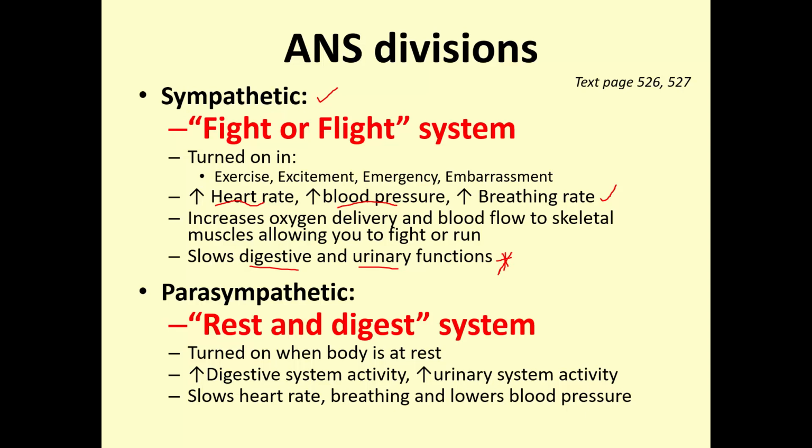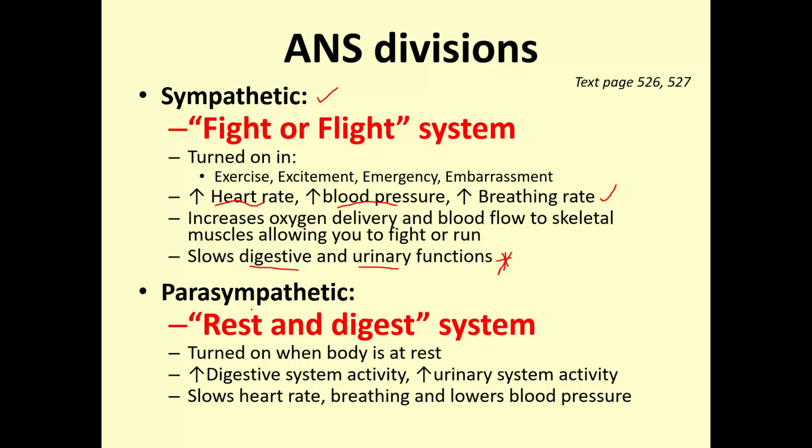So a lot of the time, if you're really nervous, really anxious, really stressed, you don't feel like eating because your digestive system has been turned off by your sympathetic nervous system, okay? So the other arm, the parasympathetic, the thing we remember for this one is that parasympathetic is for rest and digest, okay?